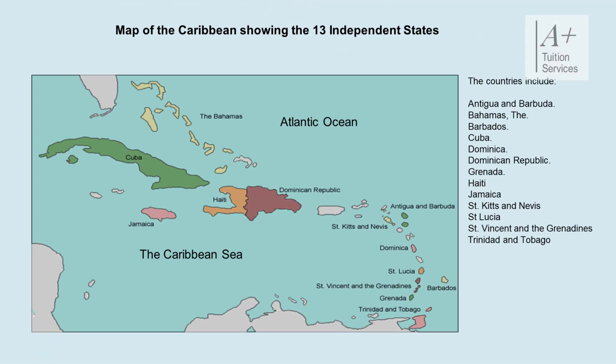Now if you look on your screen, you'll see a map of the Caribbean showing 13 independent states. Independent states, as I said before, are those countries that have their own flag, their own prime minister, their own president.